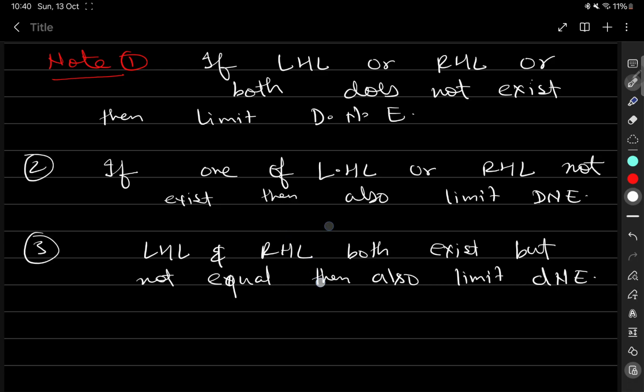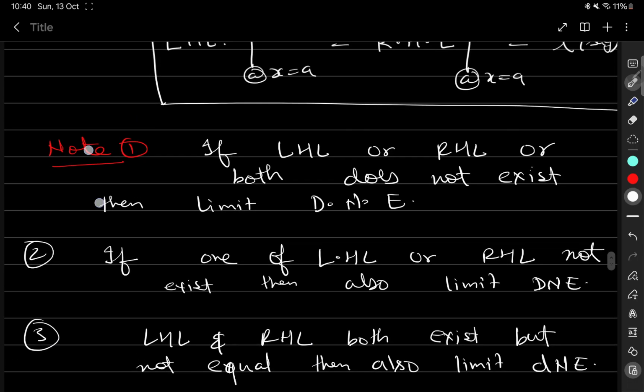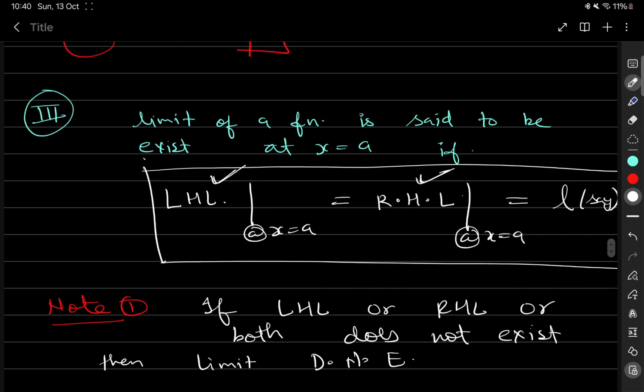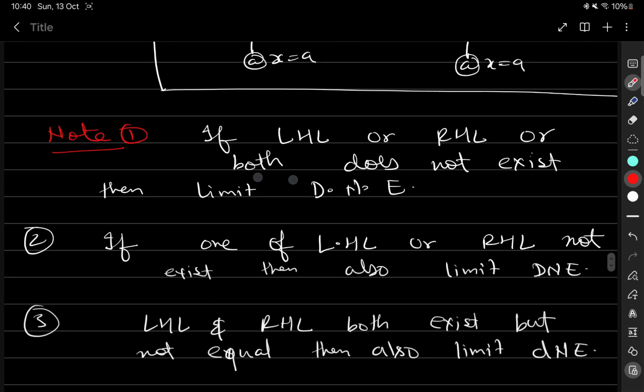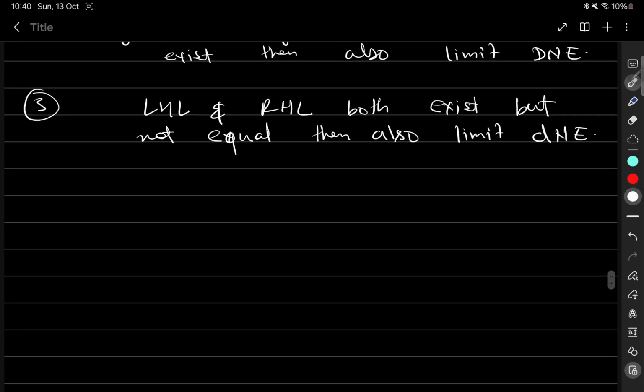Means what? The limit exists only when LHL should exist, RHL should exist, and both should have equal value, right? Now take another point: they both exist and they have equal value.